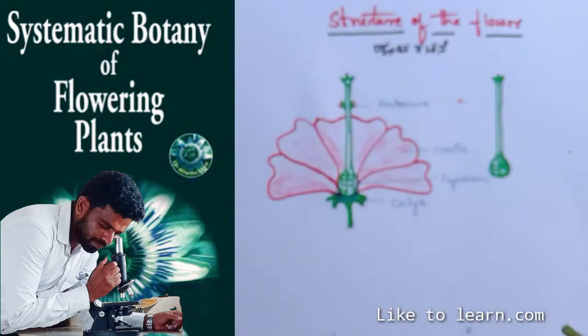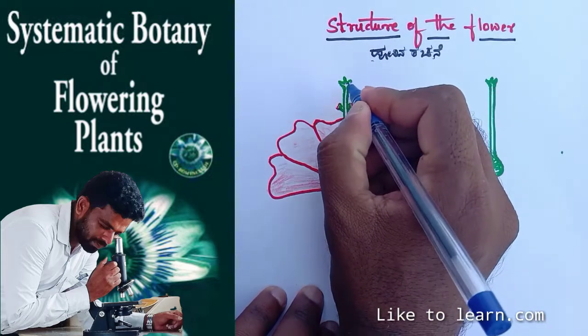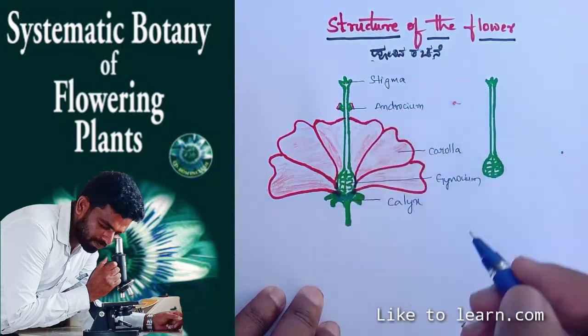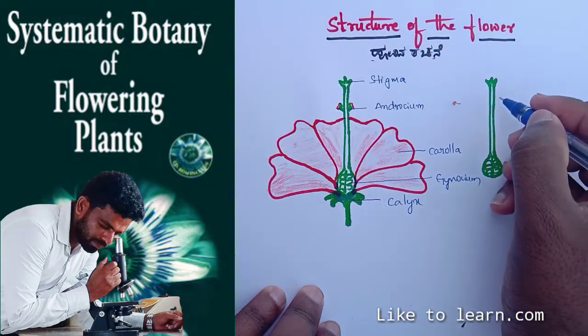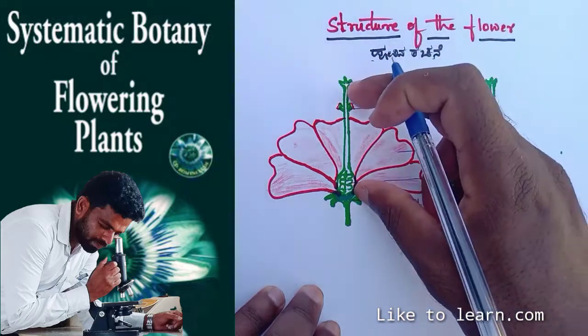This is the stigma surface. This part we commonly call carpel. See, this is the carpel.